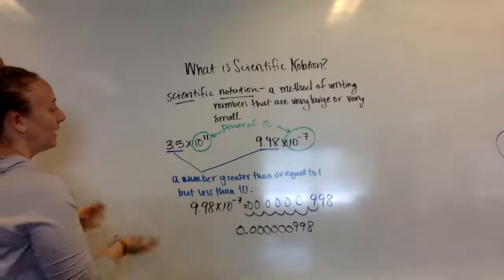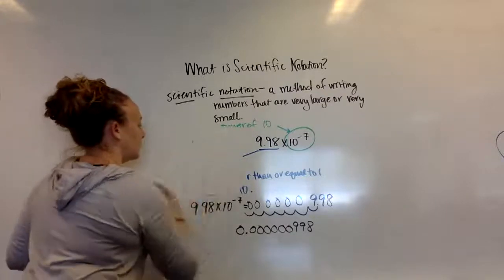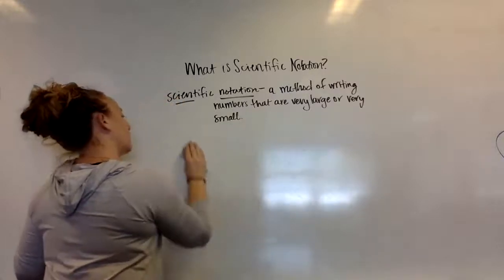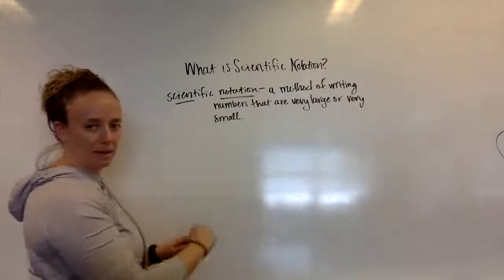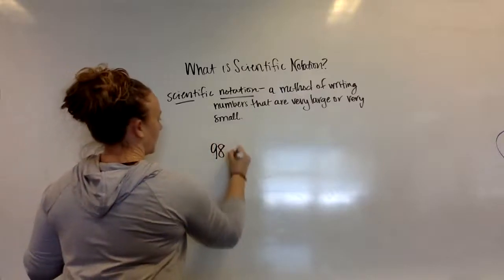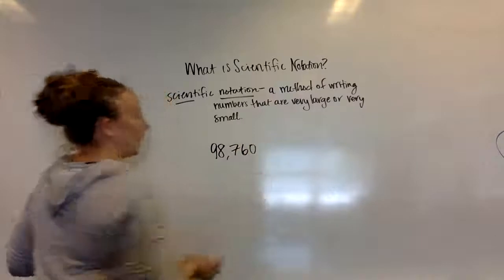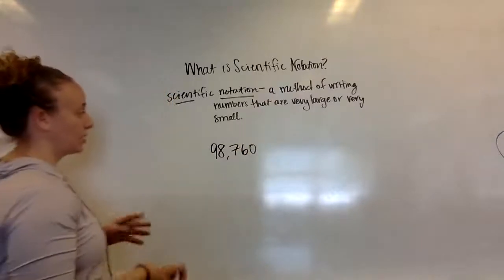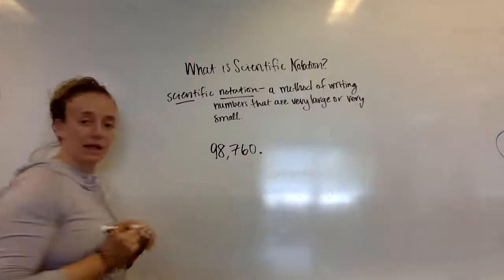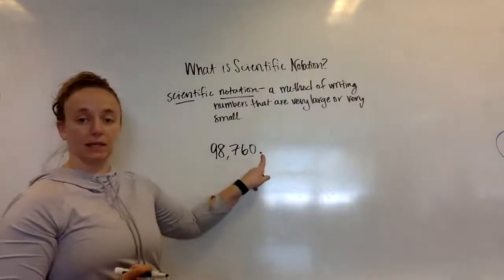All right, so if I were to be given a number that I need to write into scientific notation, say I have this number here. This isn't a very big number. However, we can deal with it. We have 98,760. I need to write that in scientific notation. So if I were to write this in scientific notation, I need to pay attention where the decimal point is, which is after this 0.